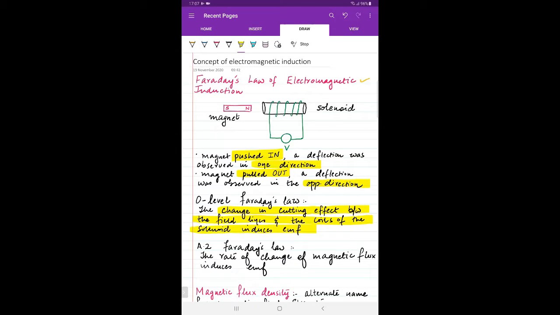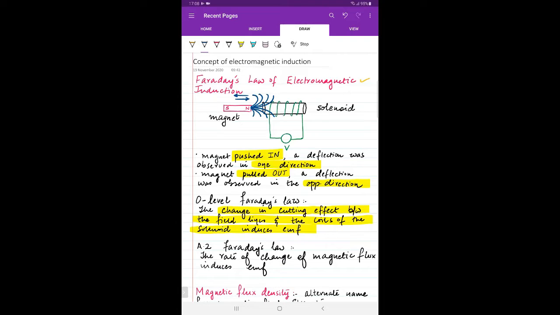These were the precise wordings you used. And the reasoning we gave was, if I were to construct the field lines, let's say using a blue colored marker, to make them a bit more prominent, the magnetic field lines coming out of the North Pole can be represented as shown here. Whether the magnet is pushed in or pulled out, there is certainly going to be a change in cutting effect between the magnetic field lines and the coils of the solenoid.